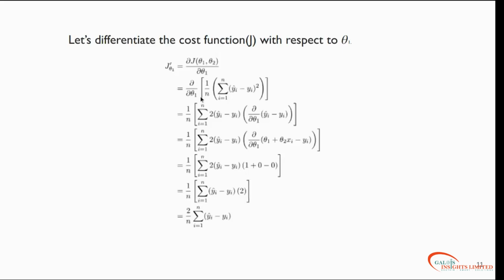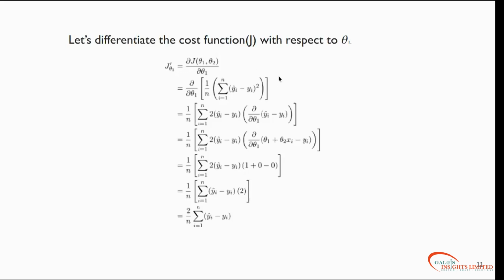So taking the derivative, the second line, the derivative of the cost function, that is 1 on n of the summation of the whole of the loss function. Remember I told you that y hat minus yi is the loss function. So you take the summation of this whole thing.